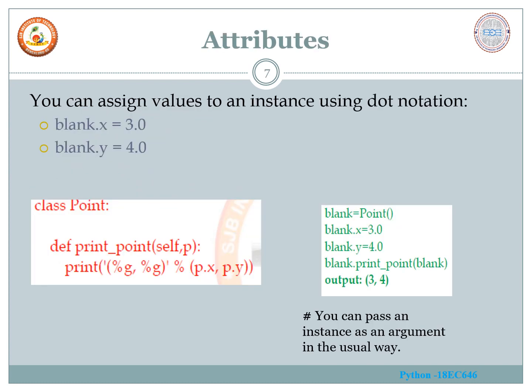Here, you can assign values to an instance using the dot notation. So we can assign the values. Consider that I have blank dot x assigned with some value, blank dot y is assigned with some value.